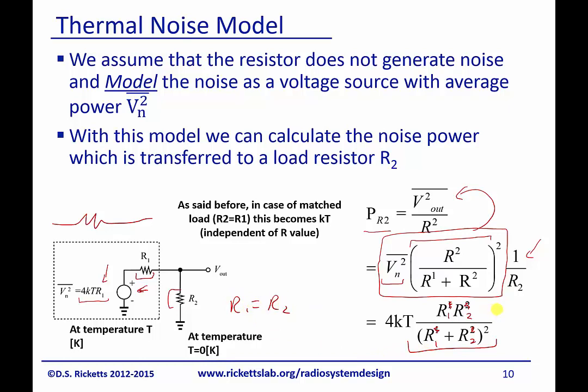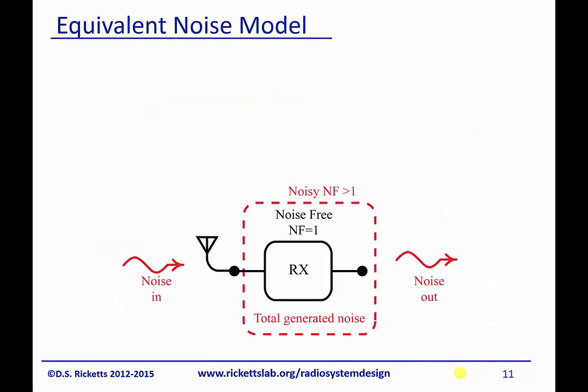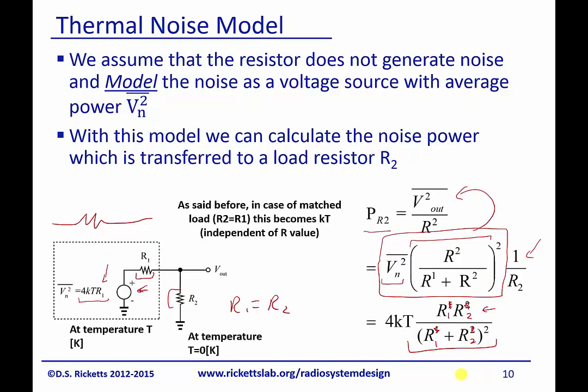And so this is just R1 squared over 4R squared, giving 4kTR squared over 4R squared, which equals kT.